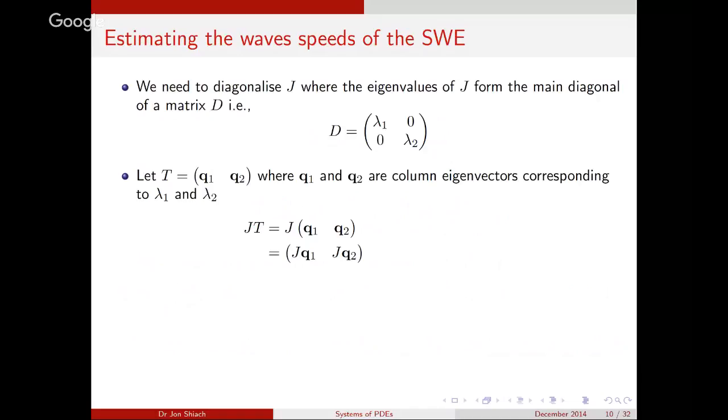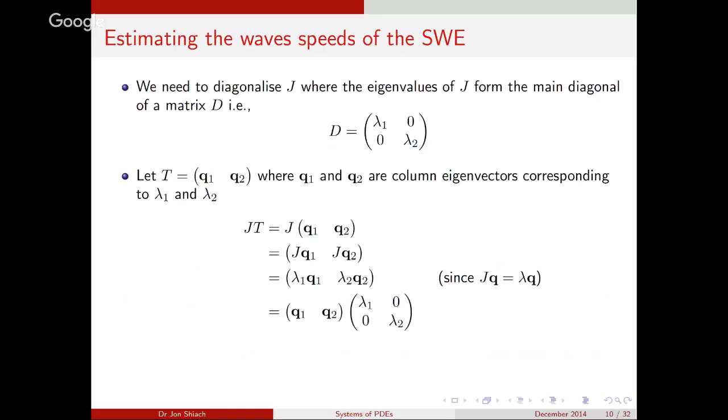Now this is the definition of an eigenvalue and an eigenvector. If Q is an eigenvector of J, then by definition J times Q is equal to the eigenvalue times Q. So instead of J times Q1, I can say lambda 1 times Q1, the same vector, and also lambda 2 times Q2.